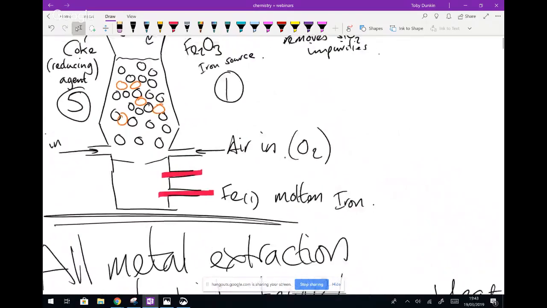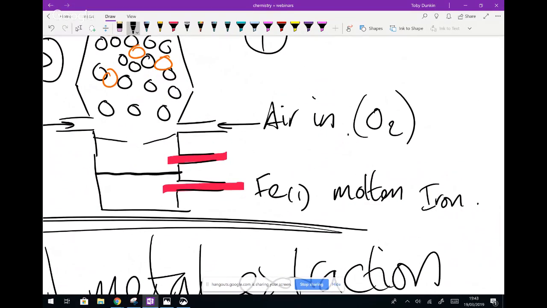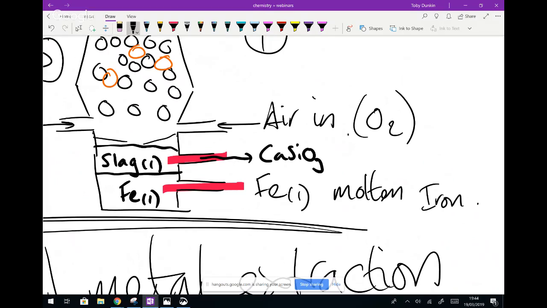Right, and just to now tell you, it's nice to come back to my original diagram. So on the bottom is liquid iron. That's because it's heavy. Floating on top of it is liquid slag, which is a black glass, which now floats out, calcium silicate. It's sold now, by the way. It's used for roads. That is absolutely correct.